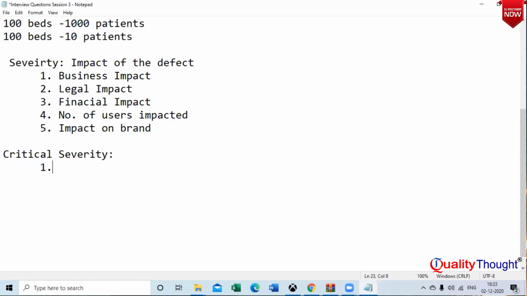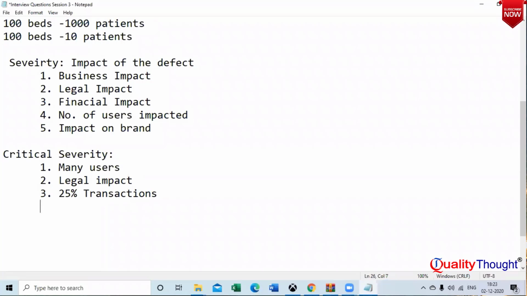If the defect has the following characteristics: if this defect is impacting many users, and if it has legal impact, if it is impacting more than 25% of transactions. This 25% is subjective; it may change from company to company.